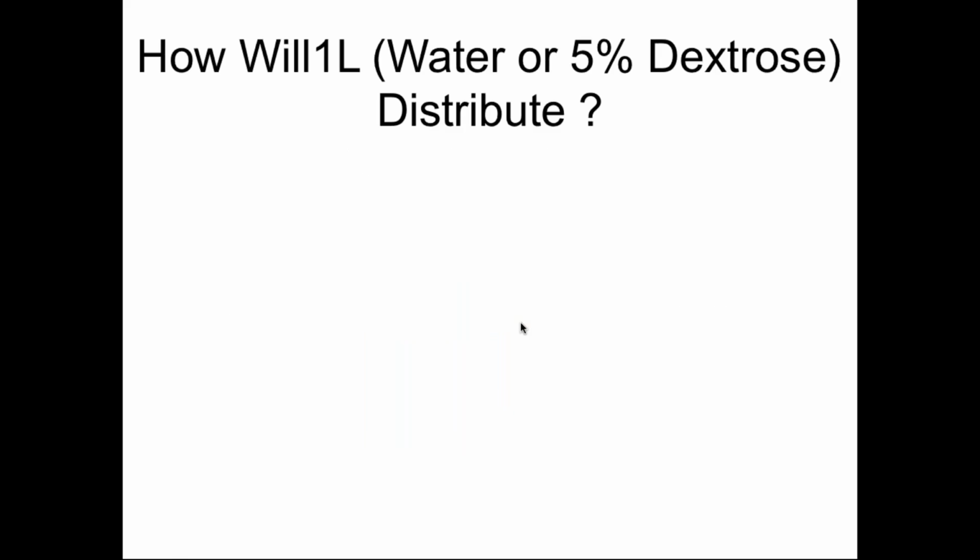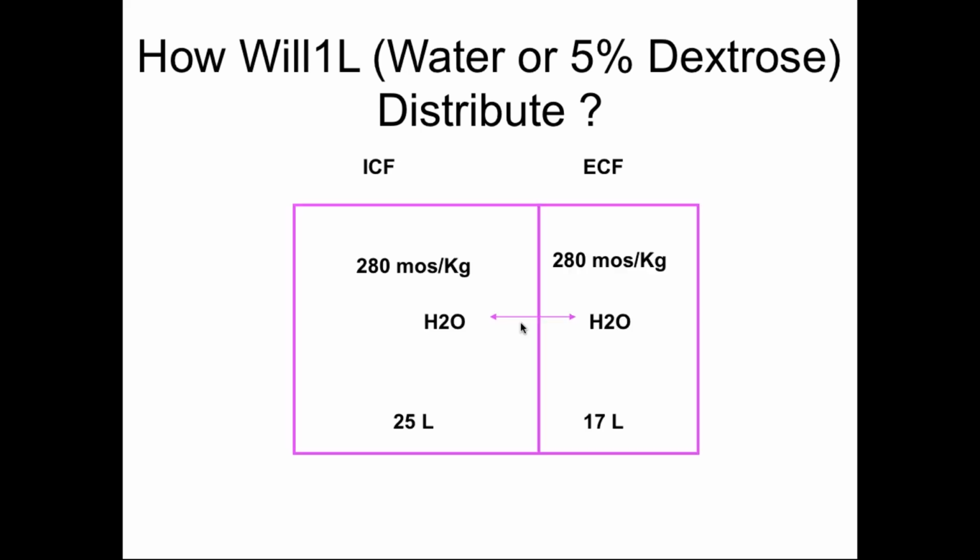So next, let's look at how 1 liter of water or 5% dextrose distributes when you give it to someone. Again, we are looking at the same 70 kilo person. The intracellular fluid compartment has an osmolarity of 280 milliosmoles and 25 liters, while the extracellular compartment has 17 liters, and the osmolarity is again 280, and water is free to distribute across all compartments.